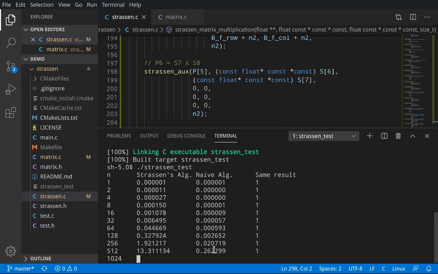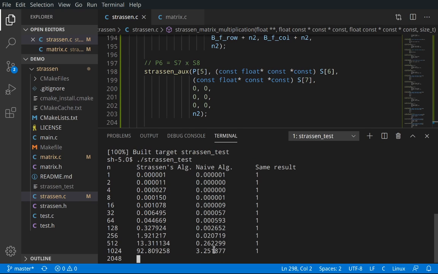There are instances for which the overhead due to the matrices we need to allocate to compute the result, the recursive calls, and so on, is too much with respect to the naive algorithm. The overhead is really too much to be competitive with the naive algorithm.